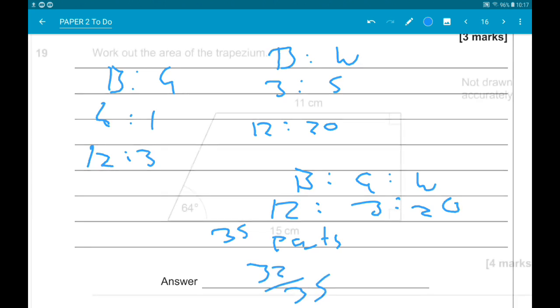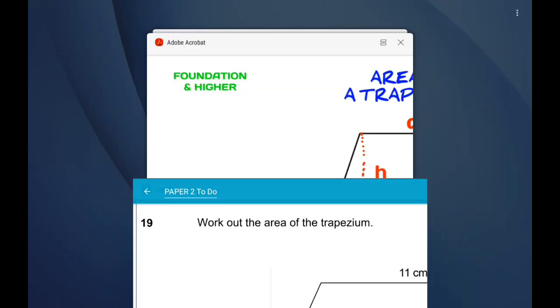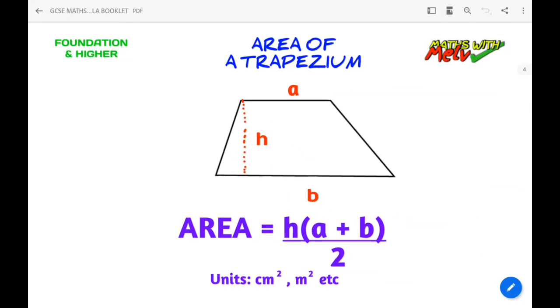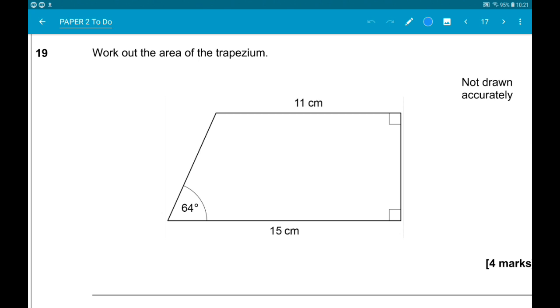Okay, next up, we want to work out the area of this trapezium. Seems simple enough. So again, if you don't know this formula, here it is in my formula booklet. So we need the top two lengths and the height. So the striking problem here is that we don't have the height, but we do know this angle of 64 degrees.